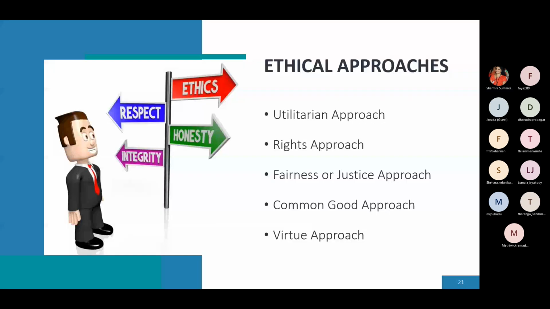The first one is the utilitarian approach, the rights approach, then we can call it the moral rights approach, and the common good approach.